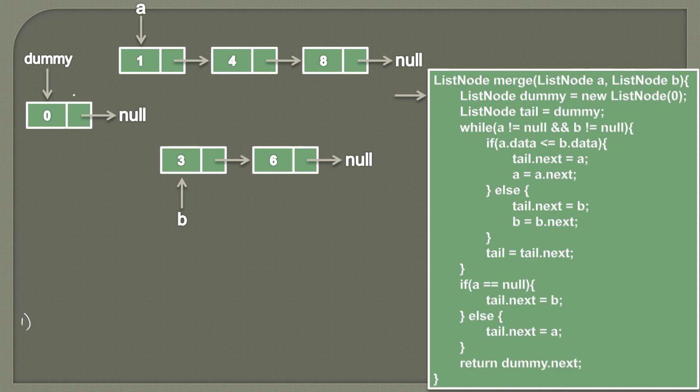So the dummy list node will hold our final list which we will return from this merge method. So it will hold our result list, which is merged and sorted. The second point of creating this dummy list node is it will help us in avoiding errors like null pointer exceptions.